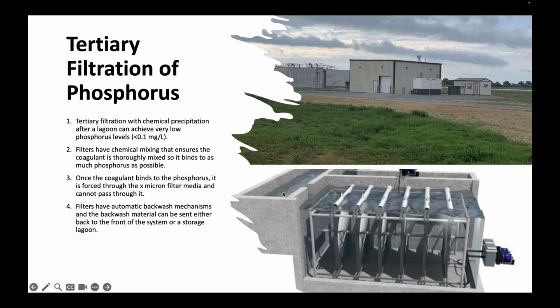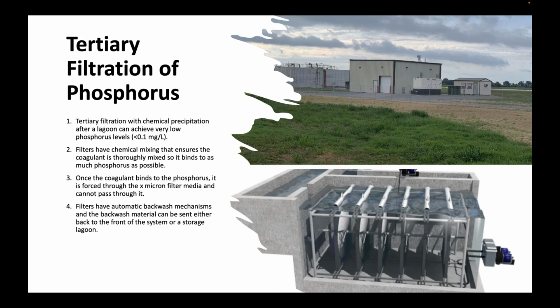The other approach here is to put a filter in, and this can be in conjunction with precipitating in the lagoon itself. This system here is a system in Missouri where we have our lagoon, aerated lagoon, followed by nitrox, a reactor system, followed by a filtration system there in that white building. Can be really good at helping you meet that low phosphorus limit and low TSS limits.